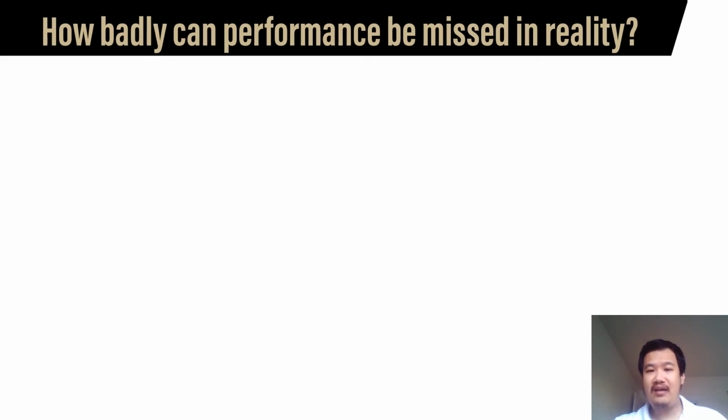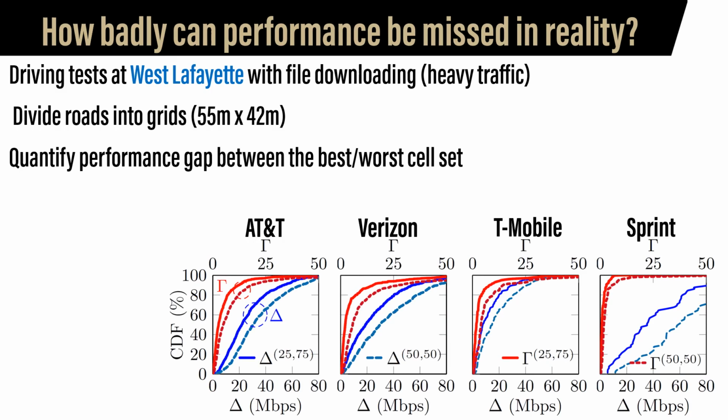We first check how badly network performance can be missed in reality. To answer this question, we keep downloading a large file from our local server while driving along every single road at West Lafayette, back and forth. We divide each road into many small grids and then quantify the performance gap between the best serving cell set and the worst serving cell set observed in each location grid.